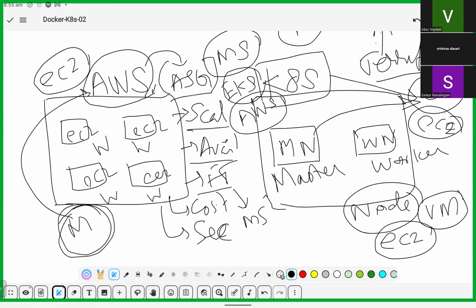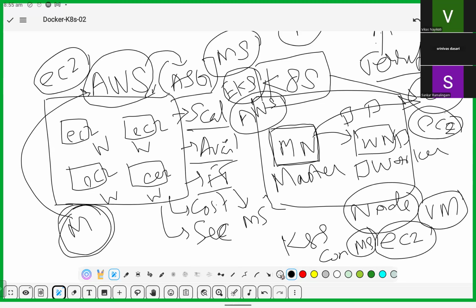So you should always understand there is a master node, which is again highly available, highly scalable, and fault tolerant. And it manages the worker nodes within your Kubernetes operating system. When I say Kubernetes operating system, it is nothing but the Kubernetes container orchestration system or container management system.